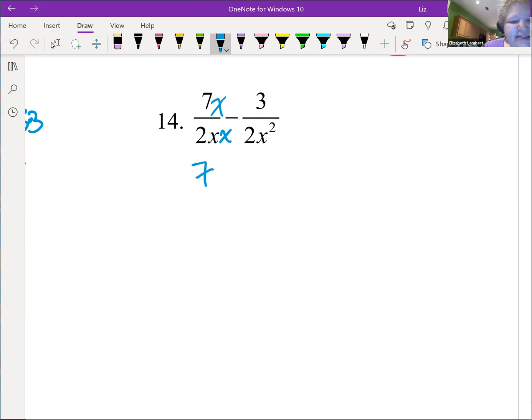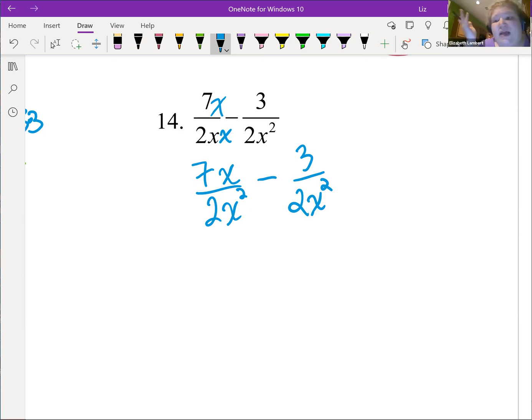So now I have 7x's on top over 2x squared minus 3 over 2x squared. So my bottoms are now the same, but my tops cannot be actually combined. 7x's minus 3 singles. I don't know what x is to know how that subtraction is going to work.